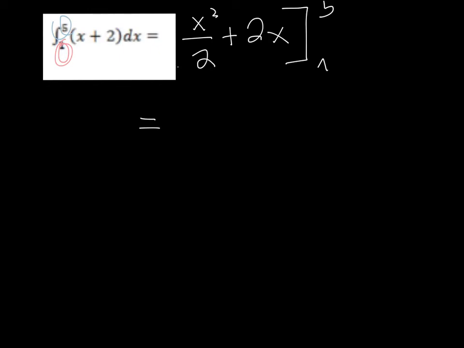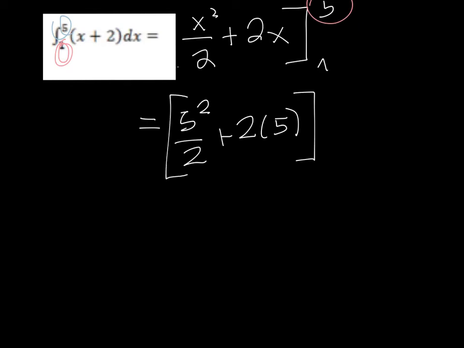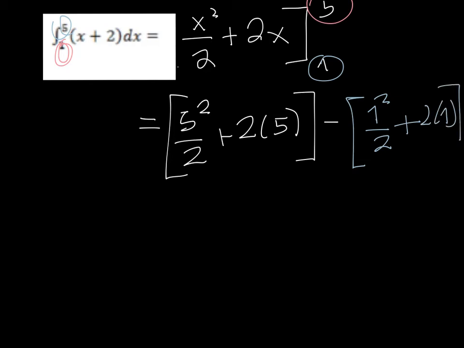The first limit we have to substitute is always the upper limit of integration. So we're going to substitute 5 squared over 2 plus 2 times 5, and then we're going to subtract, according to the formula, the lower limit of integration, which is 1 in this case, 1 squared over 2 plus 2 times 1.